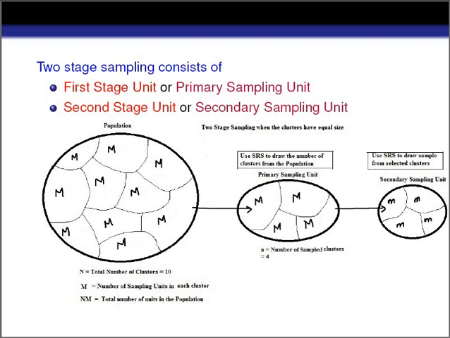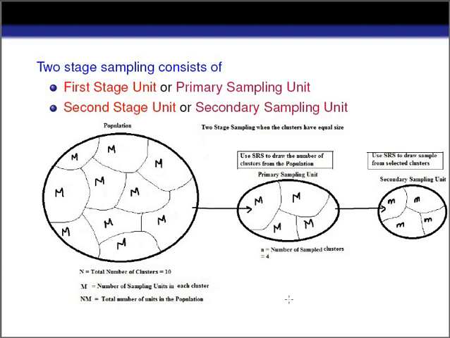From the word two-stage sampling you can get the idea that there are two stages in this sampling procedure. Two-stage sampling consists of two stages: first the first stage unit, then the second stage unit. The first stage unit is known as the primary sampling unit, and the second stage unit is known as the secondary sampling unit.